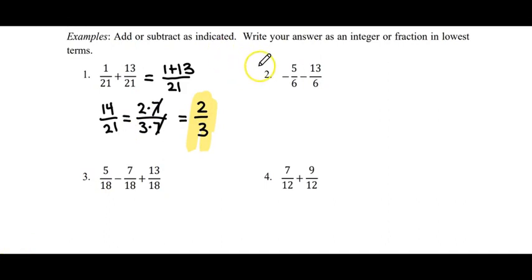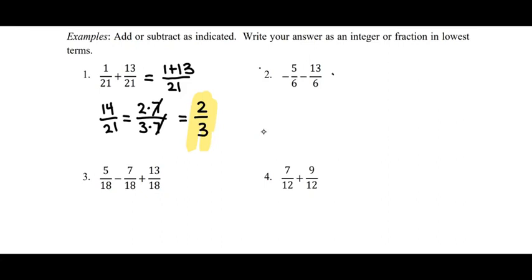All right, let's look at the second example. You have negative 5 over 6 and you subtract 13 over 6. So this one, we need to review how to subtract negative numbers. So you would keep the 6 as your denominator, okay?